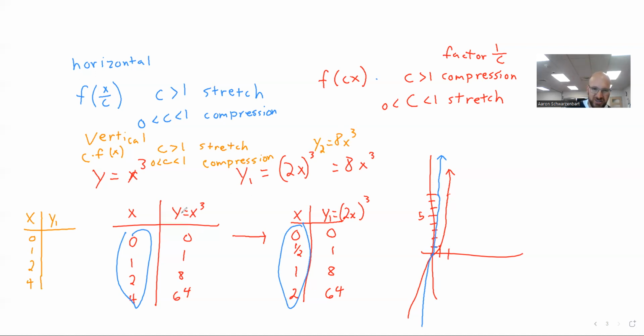So a vertical stretch literally takes the graph and multiplies each y value by 8. So 0 times 8 is still 0. 1 times 8 is 8. 8 times 8 is 64. 64 times 8 is 512.